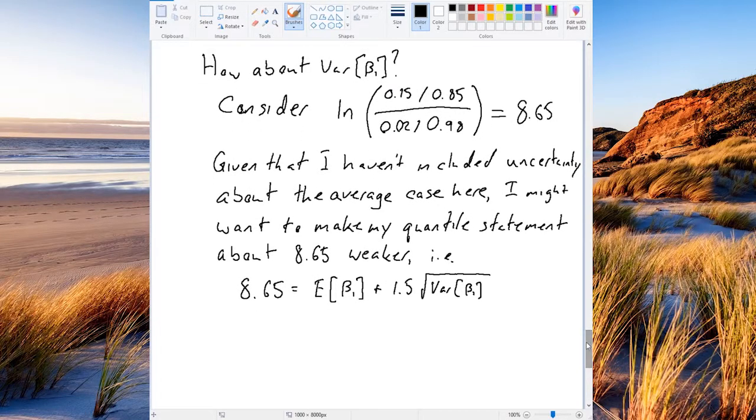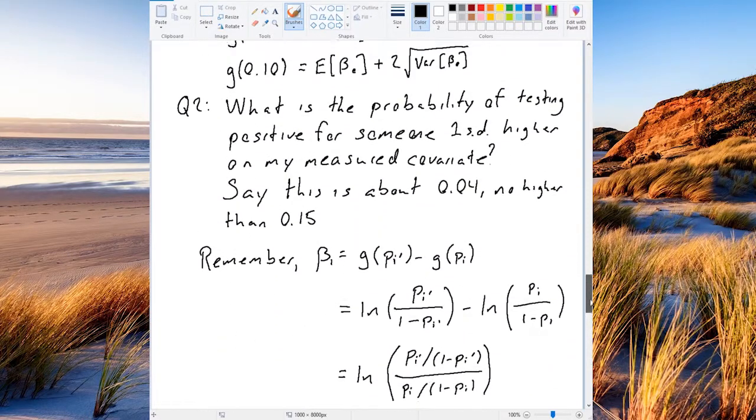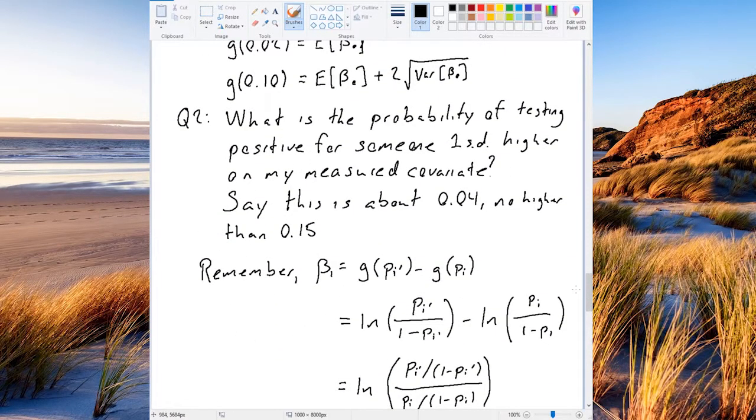Now, I don't have to have particularly good information to be making priors for the betas in this way. I can be pretty expansive on what I think these probabilities could be.